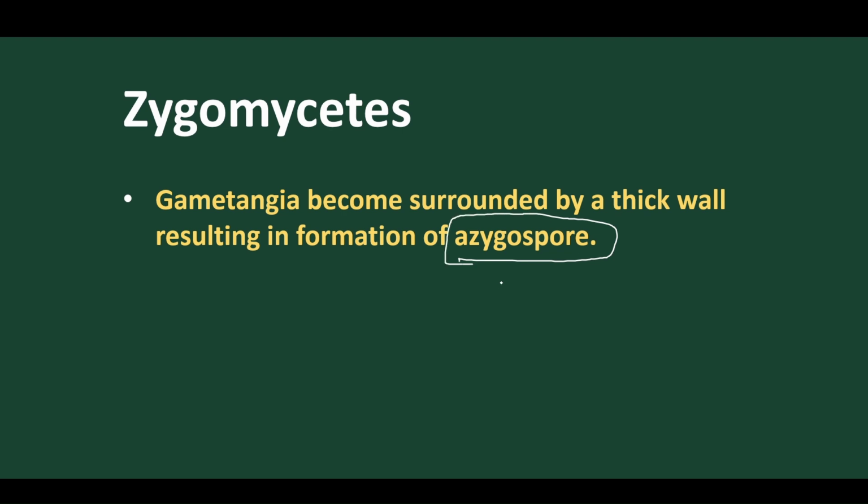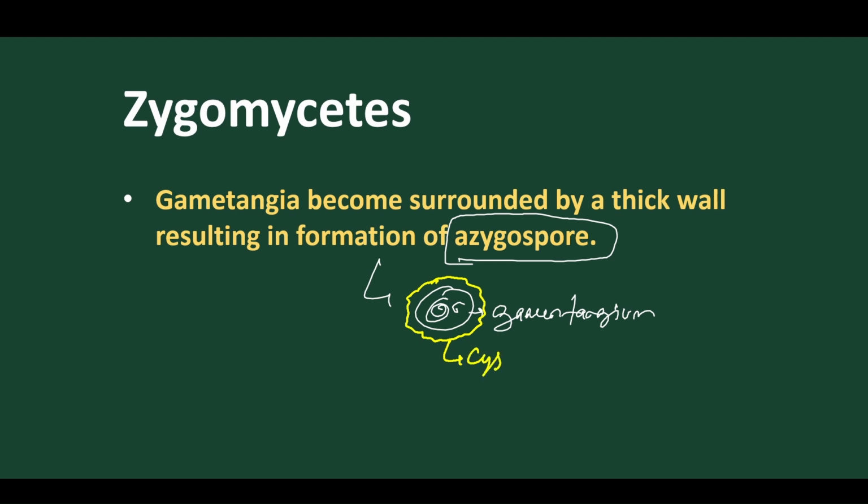So not zygospore, Azygospore is produced, where the gametangium, suppose this is the gametangium present, and inside the gametangium, we find a cyst-like structure present. So outside we find a thick wall, this is a cyst. And this particular spore together is called Azygospore.